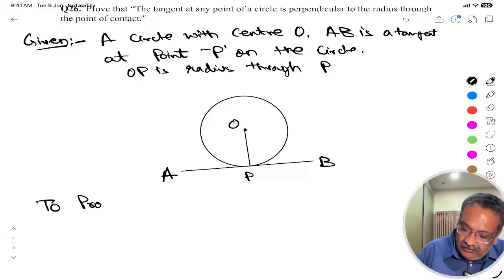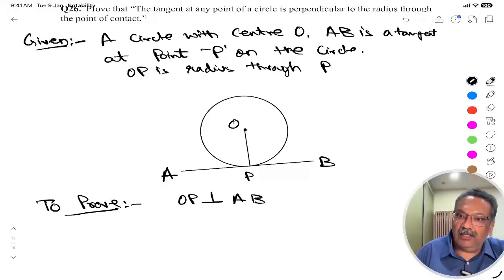We have to prove that OP is perpendicular to AB.